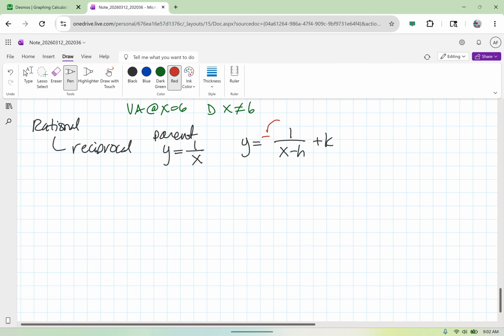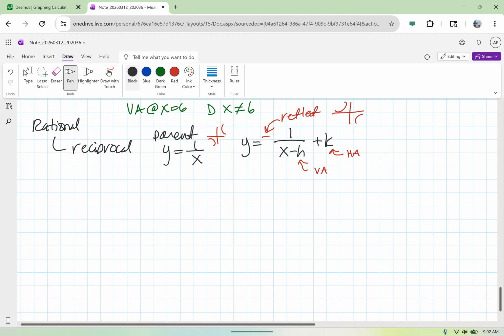If there's a negative, that reflects it, flips the graph, turning it into this. The main graph for here is like so. And so the h value is going to translate it left or right, and this determines our vertical asymptote. And then the k value is going to translate it up and down, and this determines our horizontal asymptote.